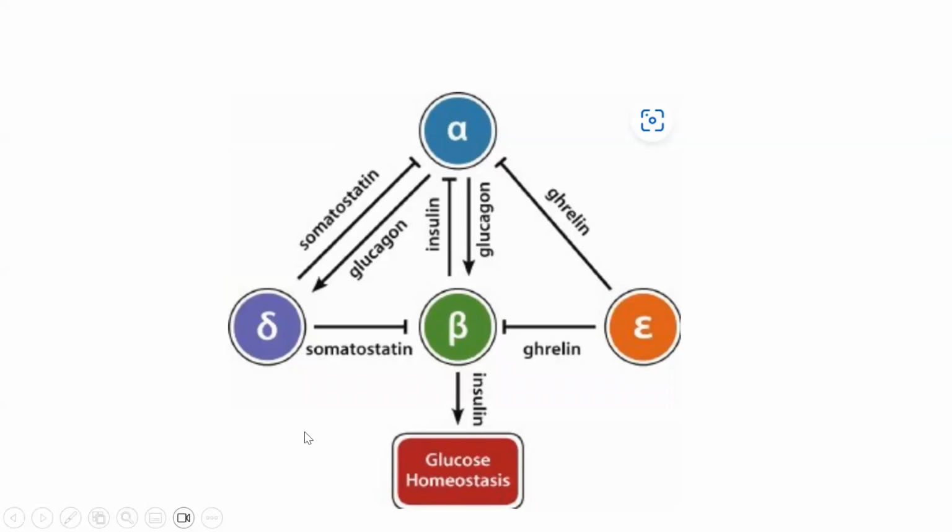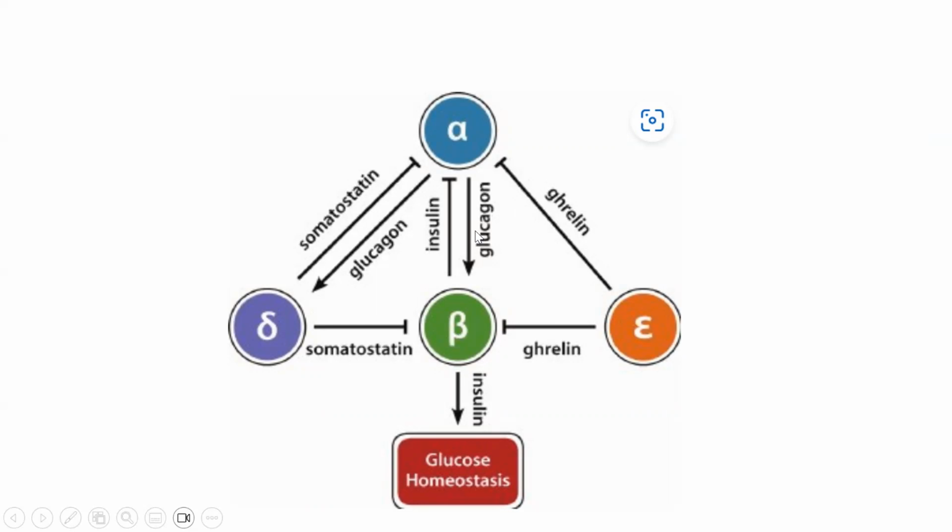Here we can see the paracrine interactions between the islet cells. We can clearly see that insulin, which is secreted by the beta cells, acts as the prime hormone of glucose homeostasis, and this inhibits the glucagon secretion by the alpha cells, whereas the glucagon activates the insulin.